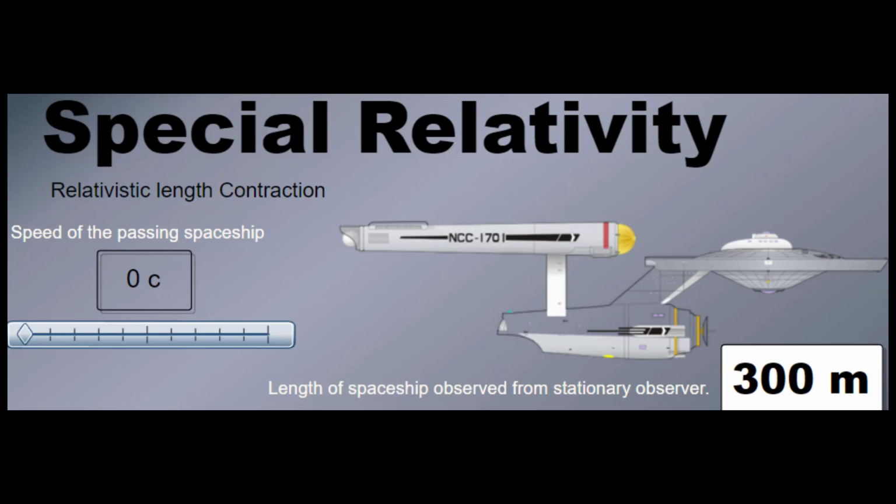So when this spacecraft is sitting right across from me, Captain Kirk on it would measure it as 300 metres, and I would measure it as 300 metres. But if that spacecraft starts to whiz past me at these different values, watch how the length changes. You take a note of them, plot a graph and see what you get. So at 0 speed of light, we're going to have 300 metres. But if I move that to there, record your answers.